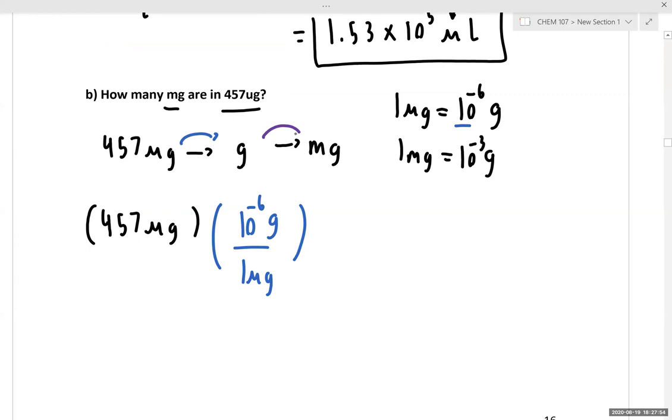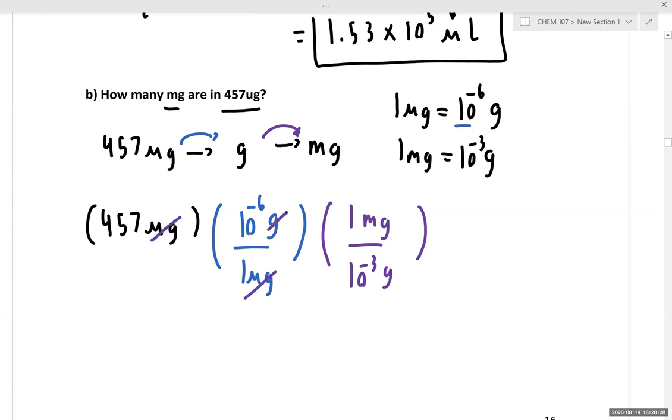For our second conversion, what unit is going to go on top? Milligrams or grams? Milligrams, yep. Our arrow's pointing towards milligrams. We want milligrams in the end. Milligrams are on top. So we have 1 milligram for every 10 to the negative 3rd gram.